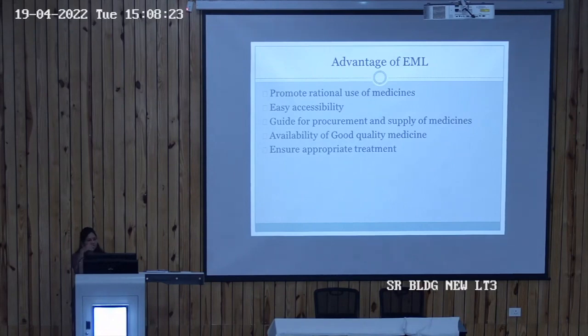So do you agree with it? So all these are the advantages of essential medicine list. You have selected based on safety, efficacy, stability, manufacturing facility, pharmacokinetic profile and all, cost benefit analysis and everything. You have included the drug in the list. So to promote basically a rational use of medicine.